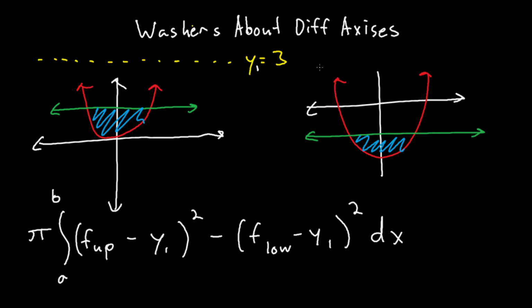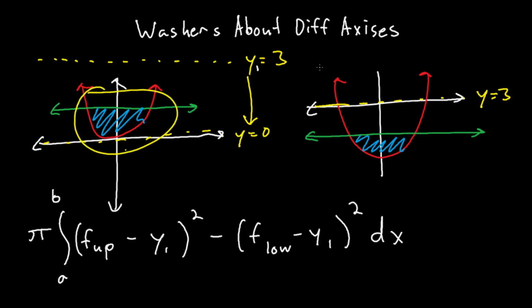And technically, this x-axis is analogous to our y equals 3 axis. Right? So if we translate everything down by 3, let's translate this axis down by 3 values, we just get y is equal to 0. And that's the x-axis.